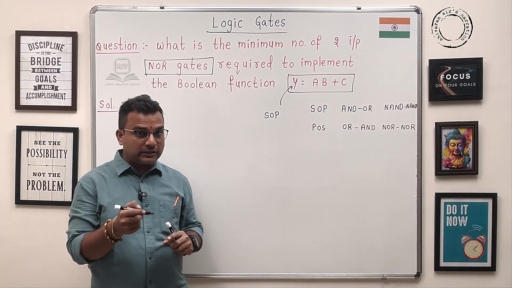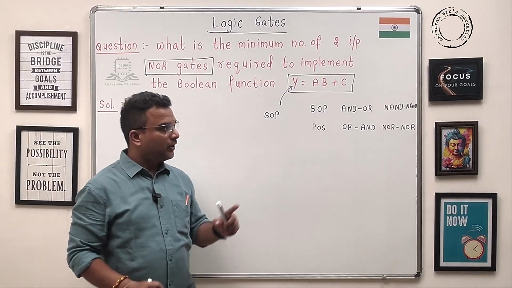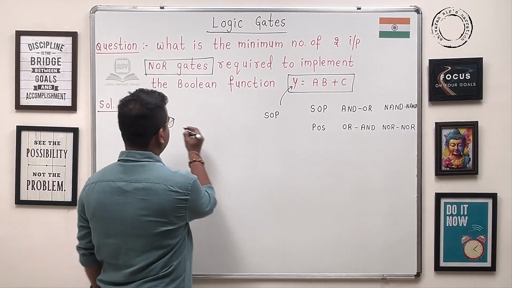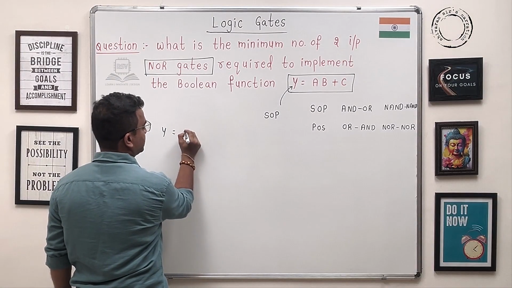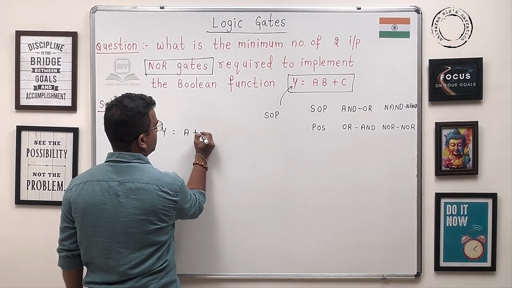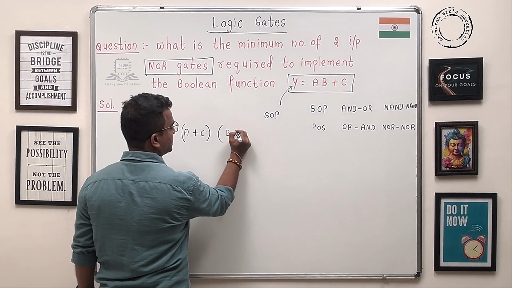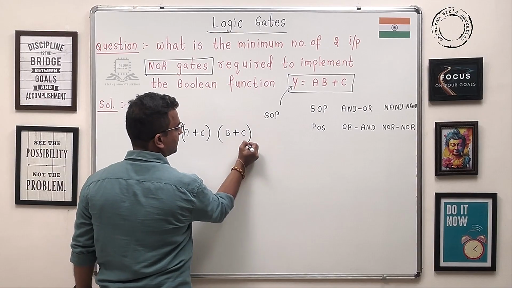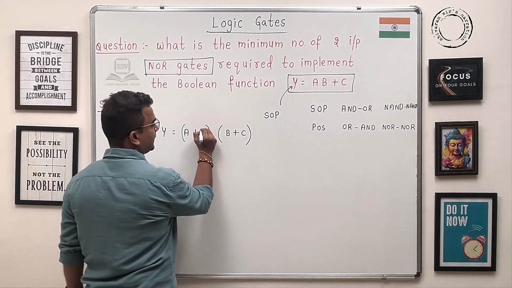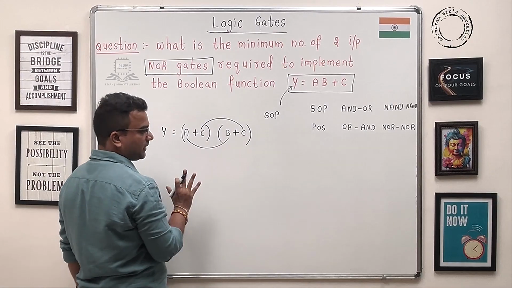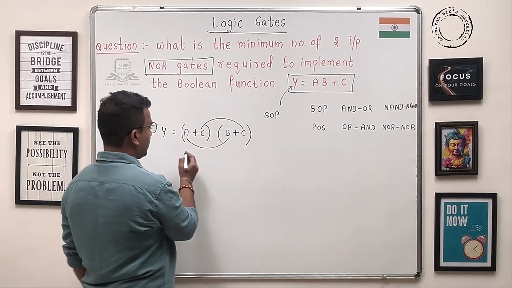Here guys, as per the distribution theorem, you can write y is equal to AB plus C like this: (A plus C) into (B plus C). Okay guys, when C is common, you can take C plus AB. Still you have a doubt? Let's check.